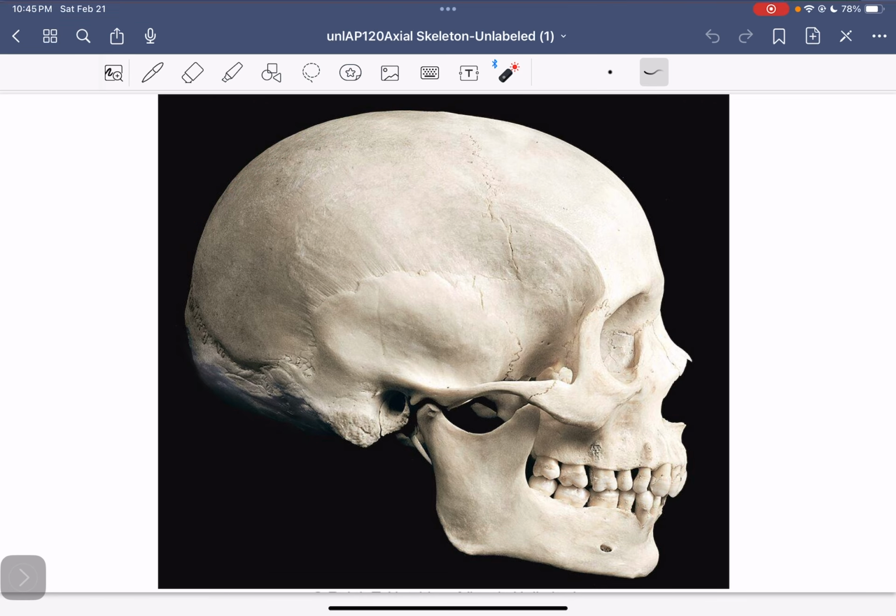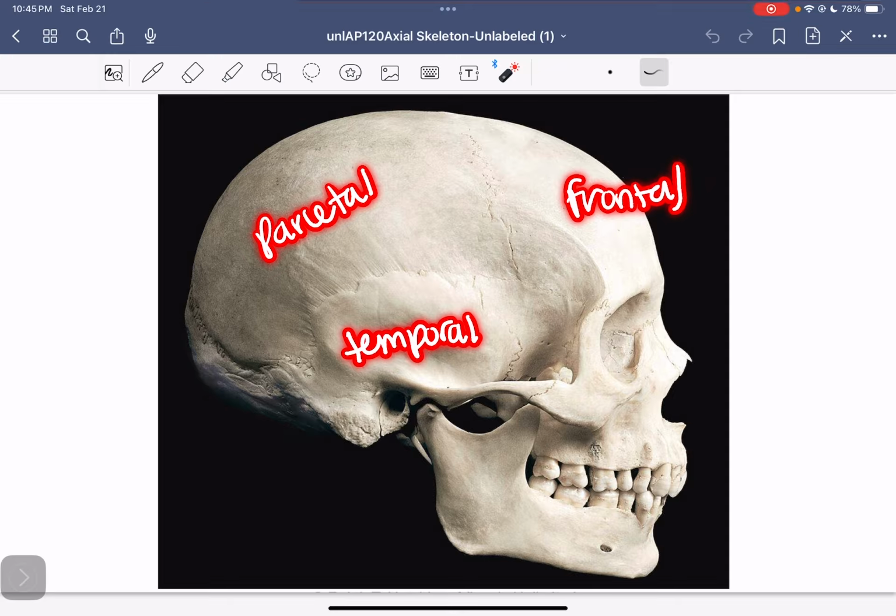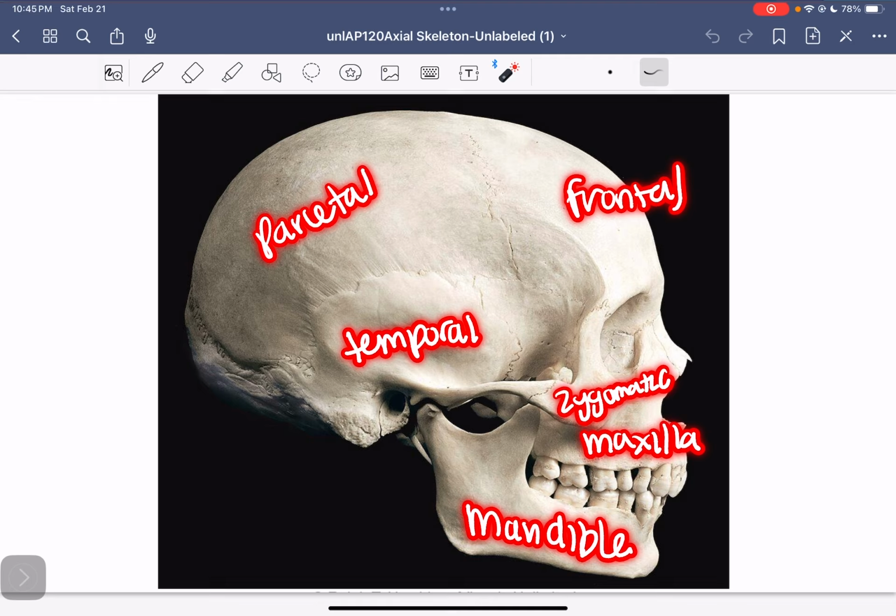From this view, you can see parietal, temporal, your frontal, zygomatic, maxilla, mandible, and then at the back, right?